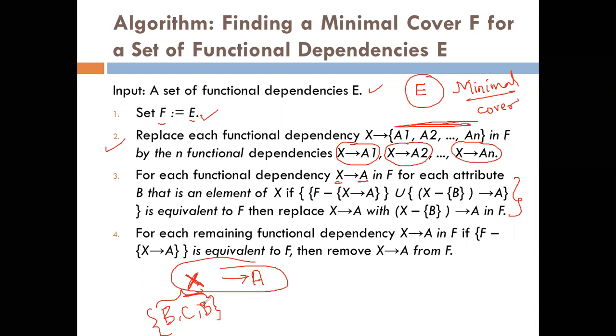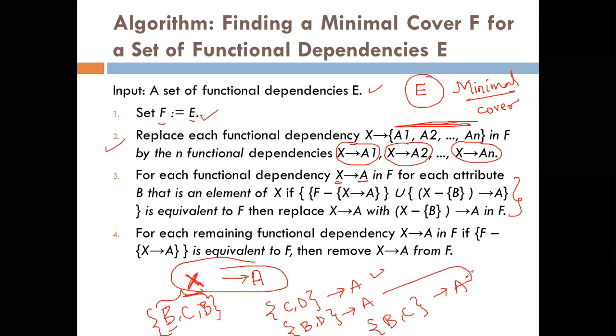Then we'll verify whether, after removing B, this dependency still holds or not. If this holds, then B can be removed. And then similarly, we will verify whether B comma D, that is removing C, whether this dependency holds or not, or even removing D. So this also will verify whether these functional dependencies can be determined or not.